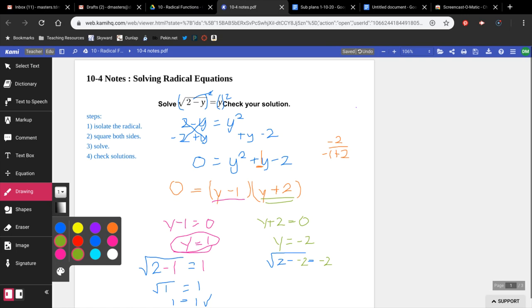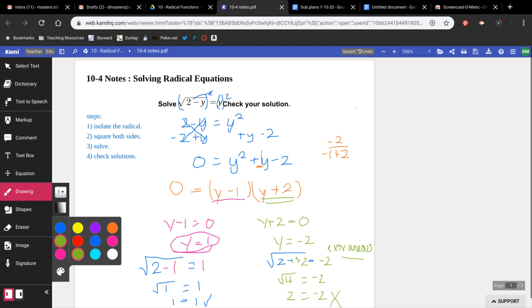So a negative minus a negative, that's a positive. So that's the square root of 4. And does the square root of 4 equal -2? Well, no. The square root of 4 is +2. So this is not a solution. So when you get a solution algebraically and it doesn't check out, that is called an extraneous solution.